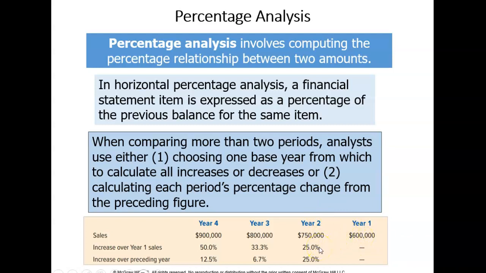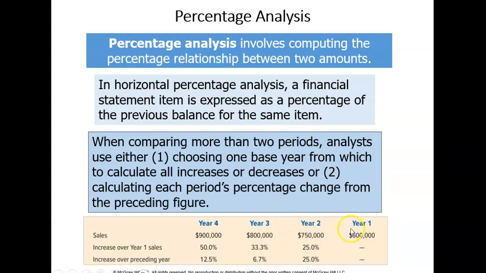But we're showing that as a percentage. If you take the 150 divided by 600, that means sales increased by 25% in year 2 compared to year 1. Okay? Then for year 3, again, sales increased by 200,000 compared to the base year of year 1.